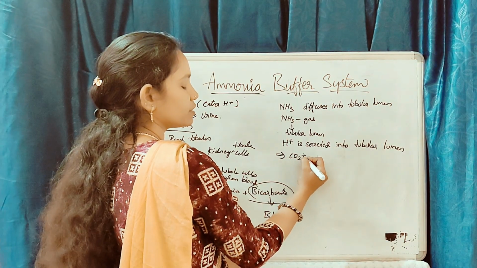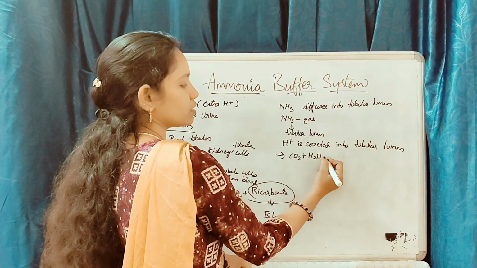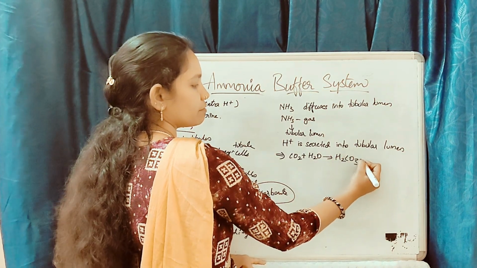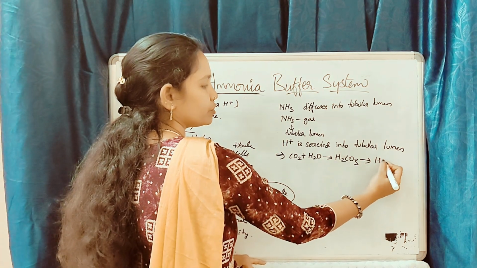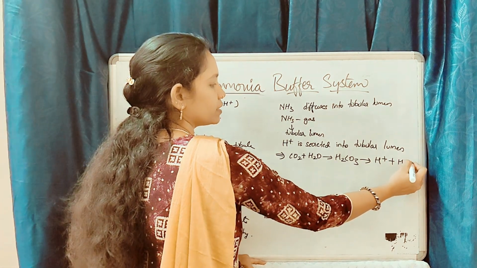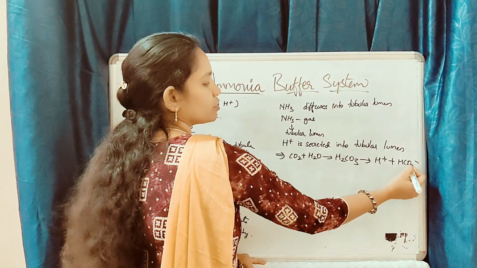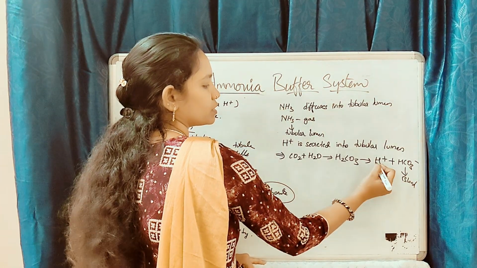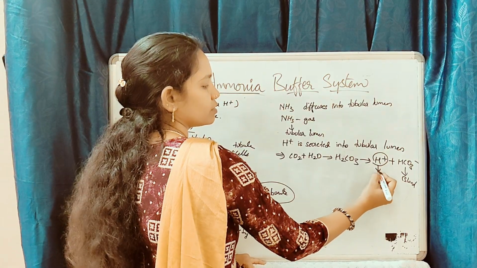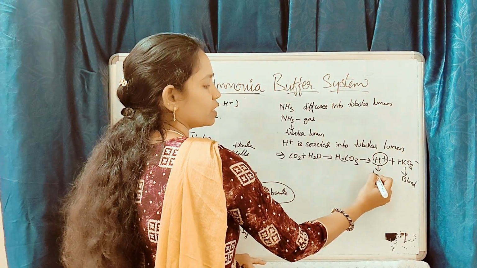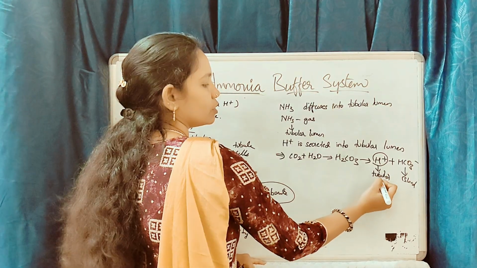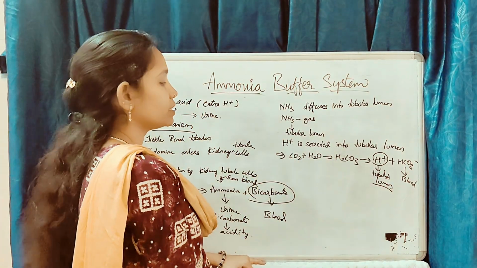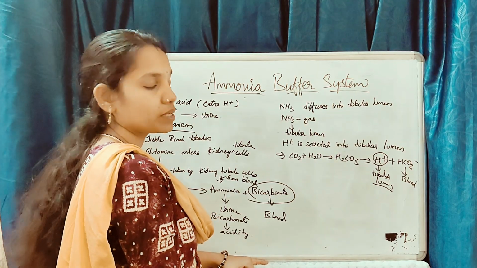Now this carbon dioxide reacts with water in the blood plasma to form carbonic acid, and from there again it is converted into H plus and bicarbonate ion, right? Now this bicarbonate ion enters into the blood. Now this H plus will be secreted into the tubular lumen. Is it clear how it has been secreted into the tubular lumen?